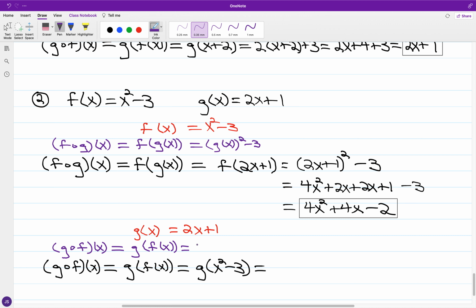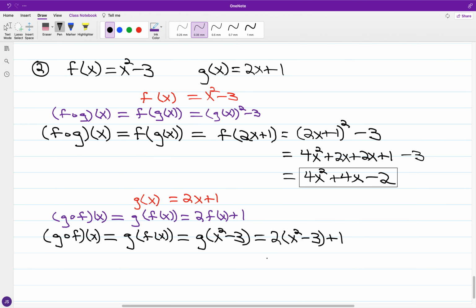With the input at f of x, 2 times f of x plus 1. But now with the input f of x specified at x squared minus 3, this will roll over to 2 times the quantity of x squared minus 3, followed by the addition of 1, and then the follow-through.